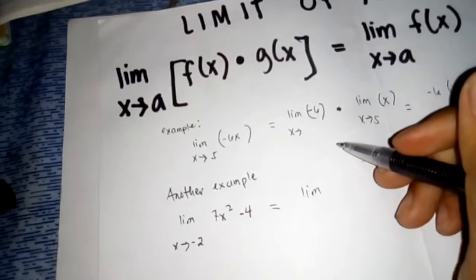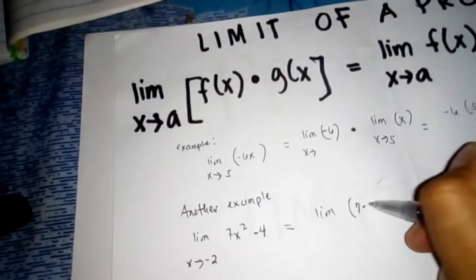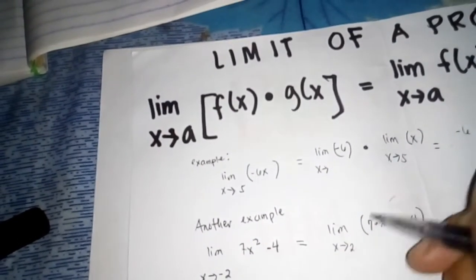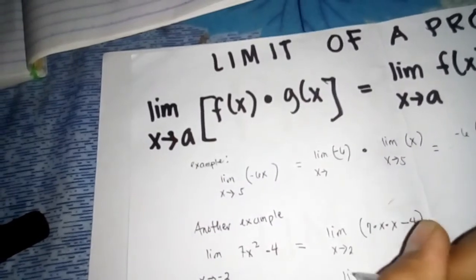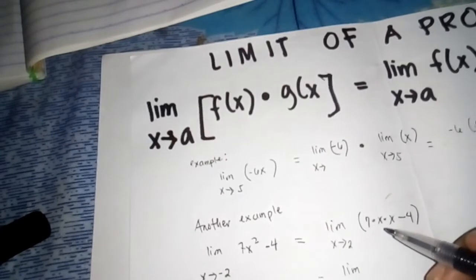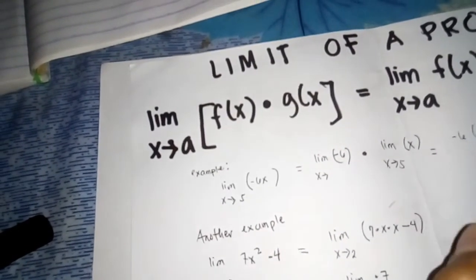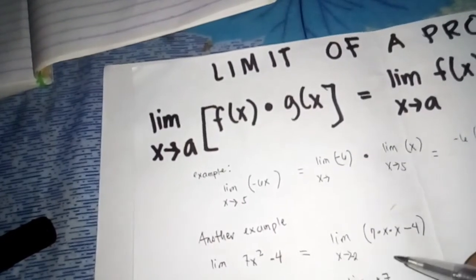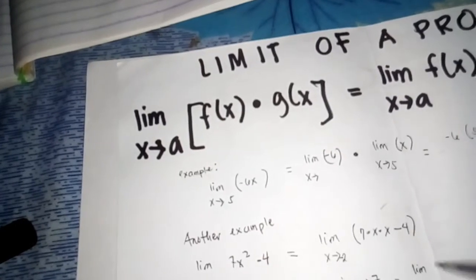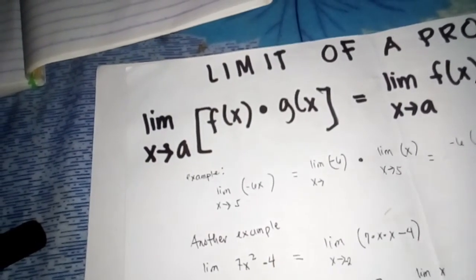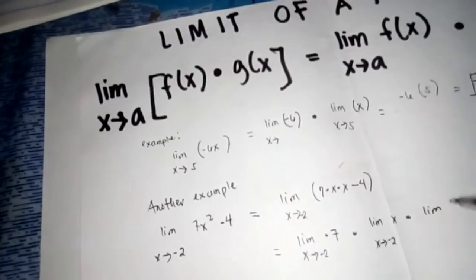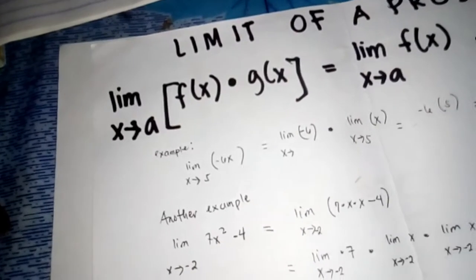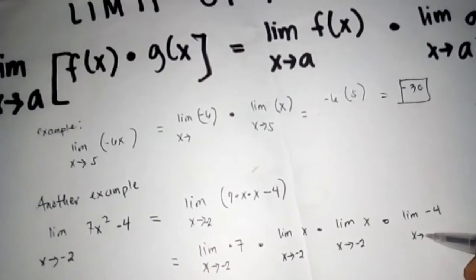So we're going to factor it out: the limit of 7 as x approaches negative 2 times the limit of x as x approaches negative 2 times the limit of x as x approaches negative 2 minus the limit of 4 as x approaches negative 2.